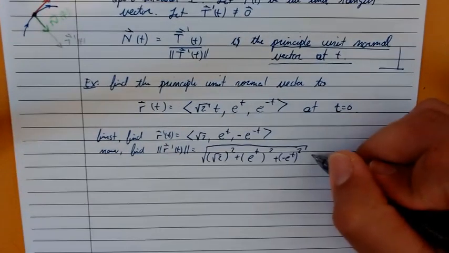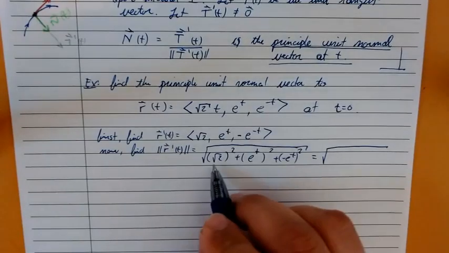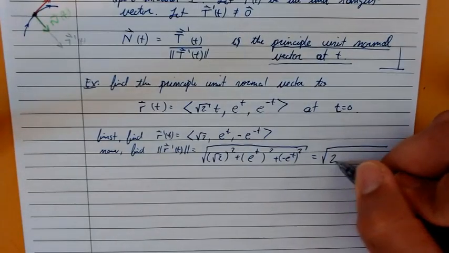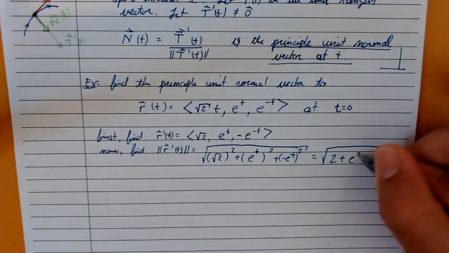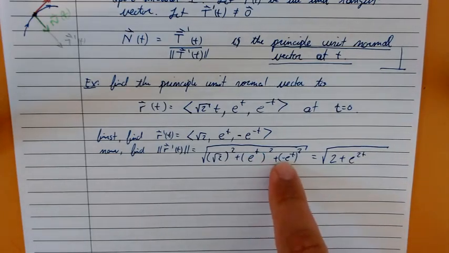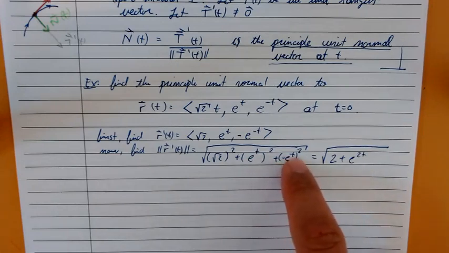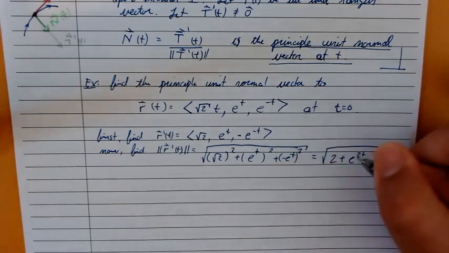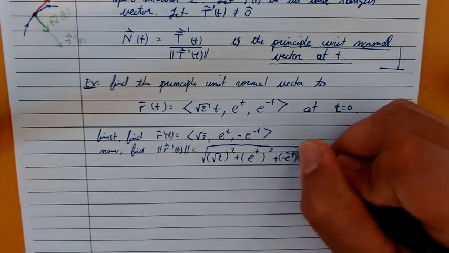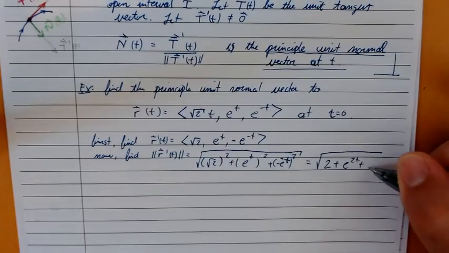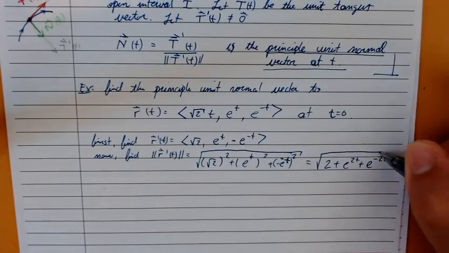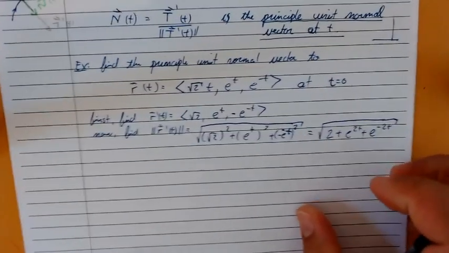That's going to be the square root of, if I square the square root of 2, that just gives me 2. If I square e to the t, I get e to the 2t. And squaring a minus gives you a plus, so e to the minus t squared, those are just multiplied together, and I get plus e to the minus 2t.